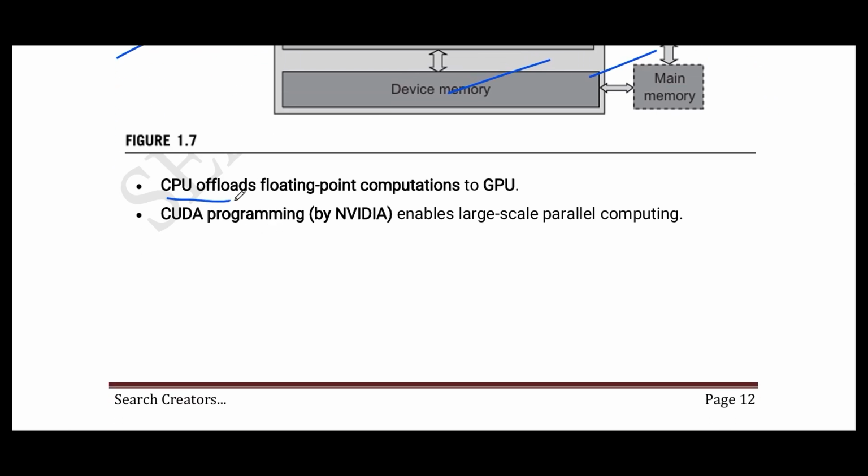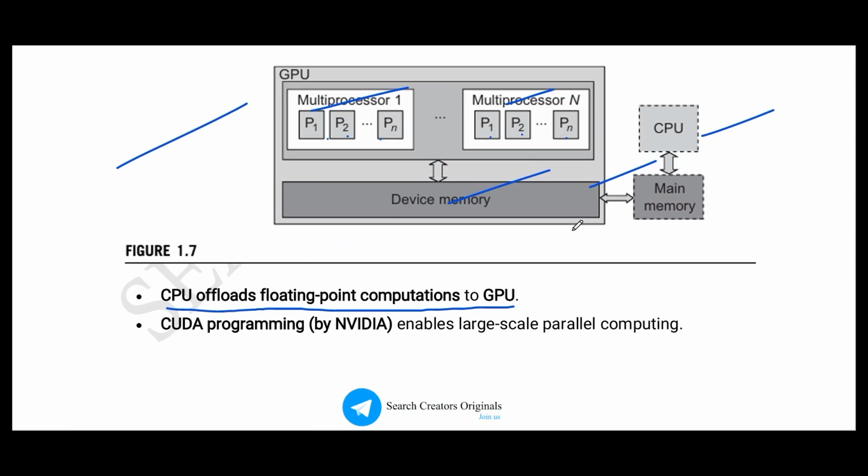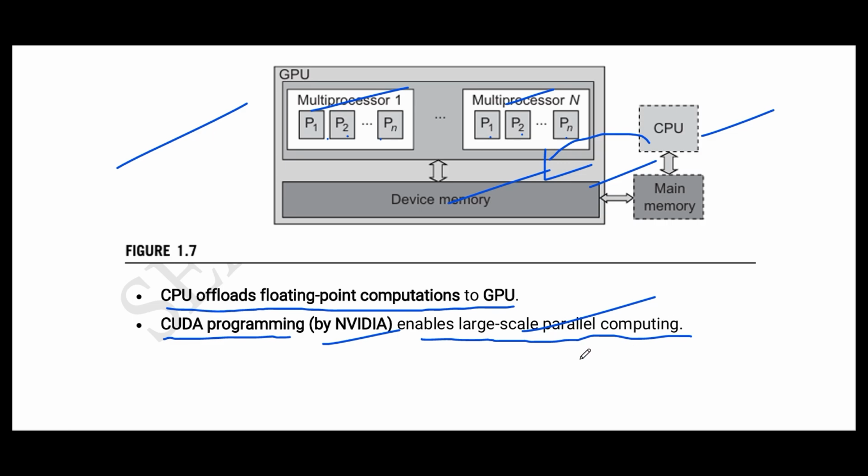The CPU offloads floating point computations to the GPU. Next, CUDA programming by NVIDIA enables large scale parallel computing.